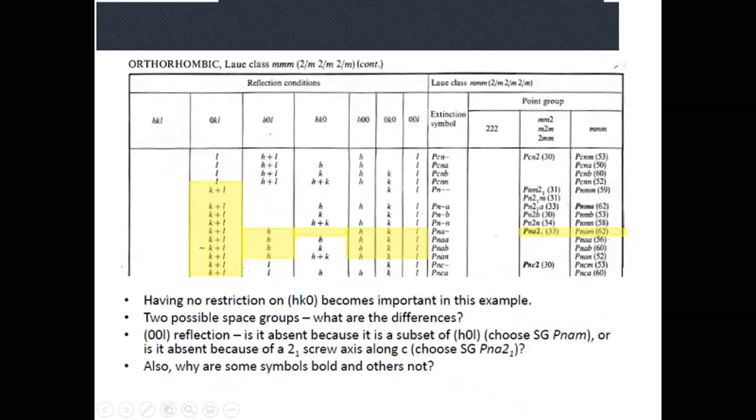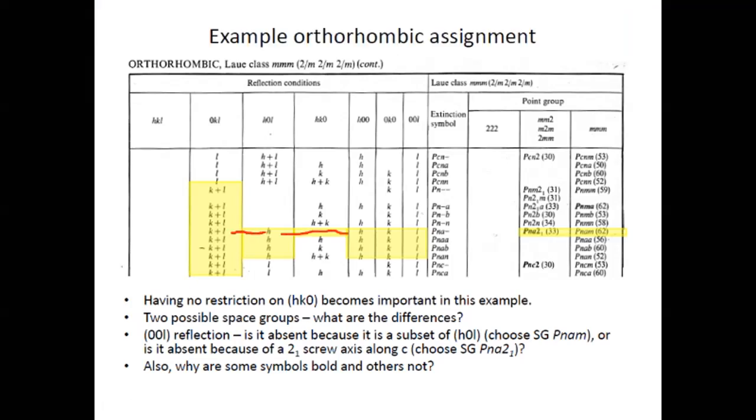The HK0, there's no condition, so we can skip that. And then we had the odd conditions for the H00, the 0K0, and the 00L. And so the only set of space groups that would fit this criteria is the Pna 2-1 or the centrosymmetric version, which is the Pnam.